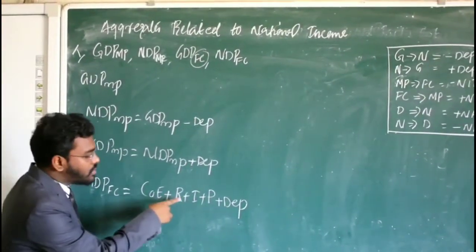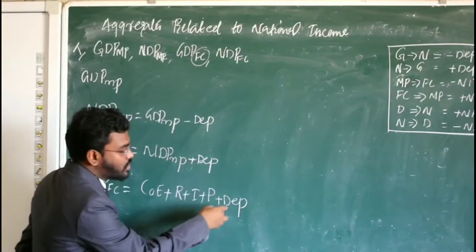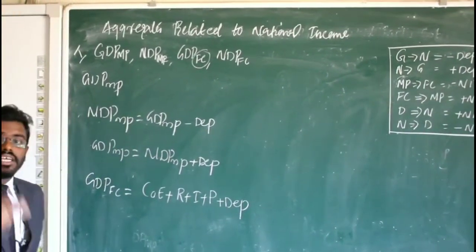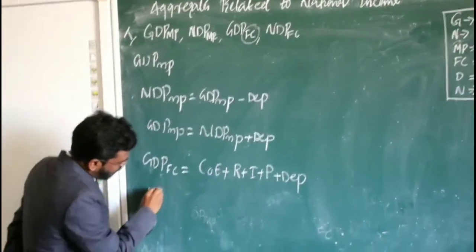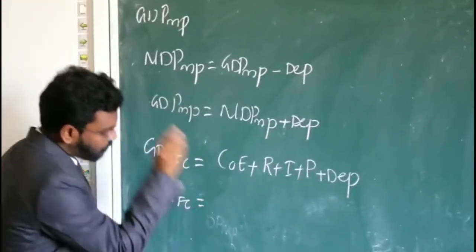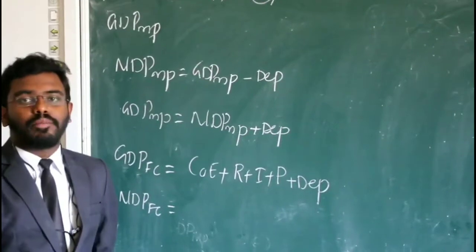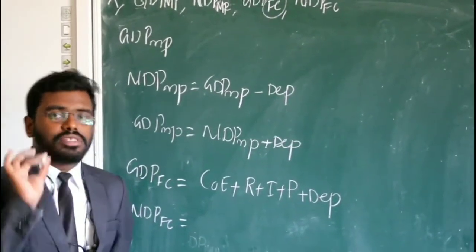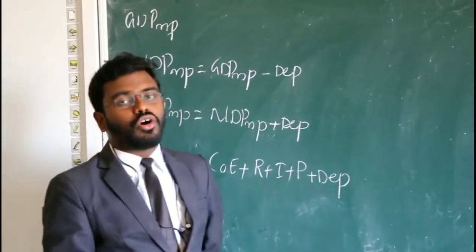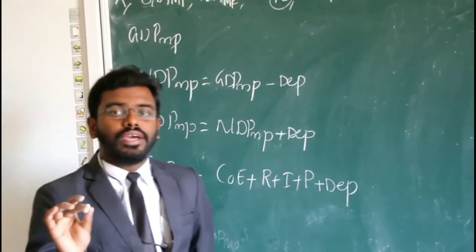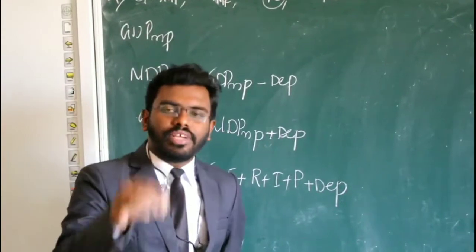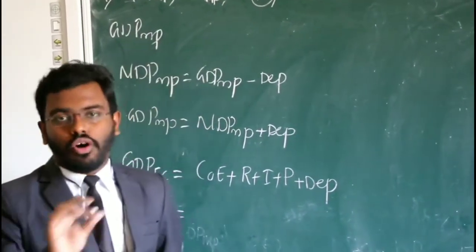Compensation of employees plus rent plus interest plus profit plus depreciation, that is known as GDP FC. Next one, what is NDP FC? NDP FC is the sum total of factor income which is generated within the domestic territory of a country.